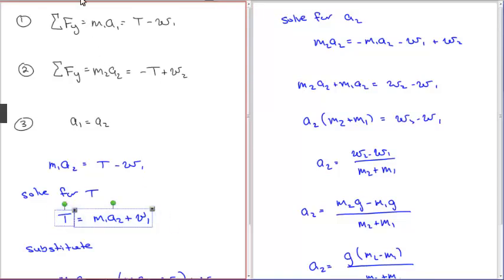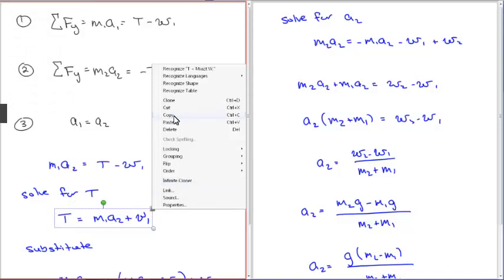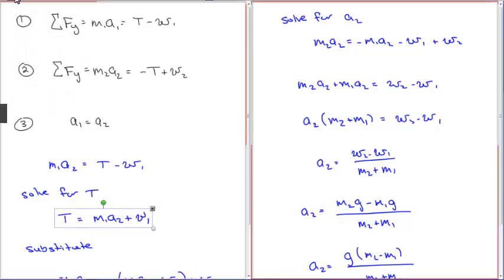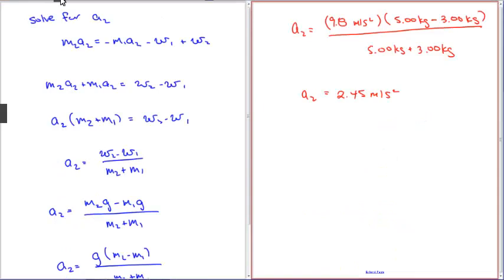and then we can calculate the tension by using either one of these equations. So let's use this equation right here. I'm just going to paste it over. Oops, what happened there? Okay, so we're going to use that equation.